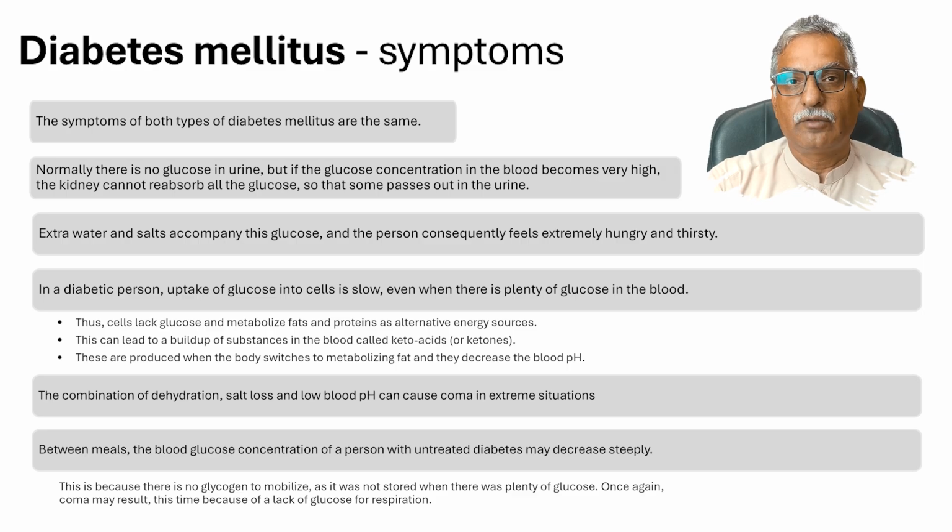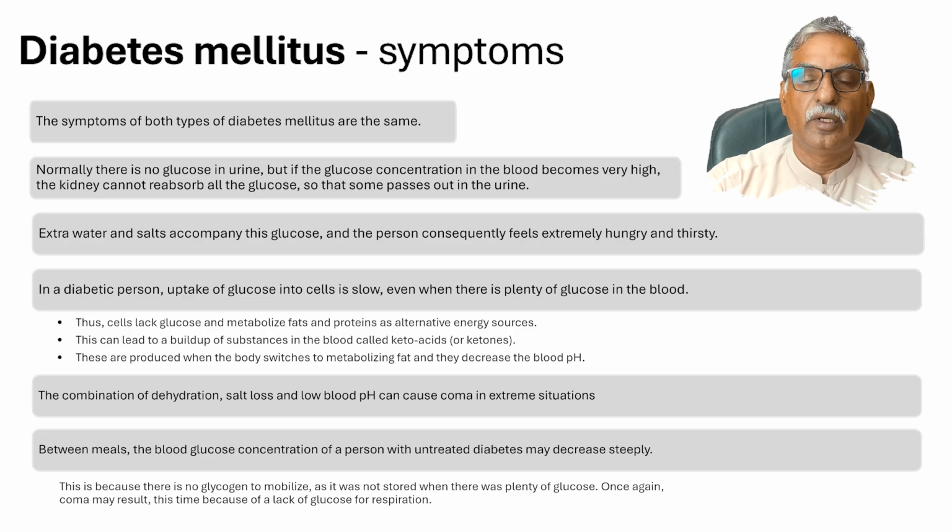And when there is a high concentration of glucose in the urine, water reabsorption and mineral reabsorption are also reduced, particularly at the loop of Henle. So more of the water and more of the mineral ions are retained within the renal filtrate, and they are passed out of the body along with urine.